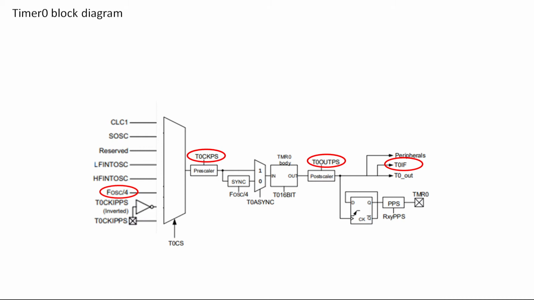We need to select the clock 0 postscaler. And then if we're going to check a flag, we have to check a particular T0IF flag, which is essentially the interrupt flag has been set. There are many other components, but these are the essential lifeblood of setting up a timer: the source, the prescaler, postscaler, and checking a flag.